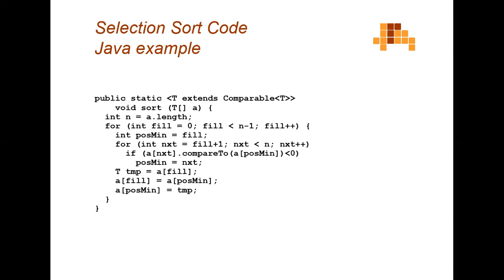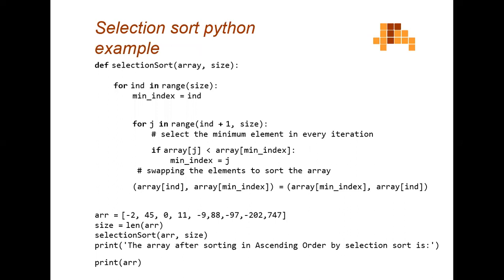Extends just means inherits. But if you have a Python example, it will look like this. And it's very important that always the minimum, the least item will be put to the first position. And if it's okay, it will be left like this, and if it's not okay, it will be swapped. And then we completely do it.